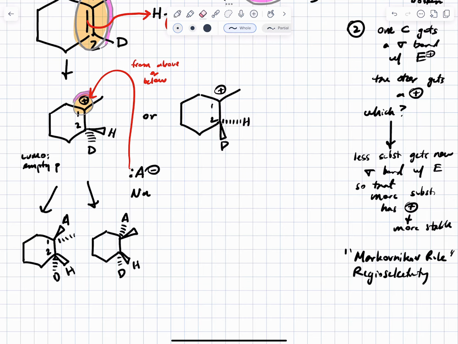where D equals deuterium. Okay? Do you see that that second step of the reaction is really just the second step of an SN1 reaction? So this isn't totally new, it's just one new thing.